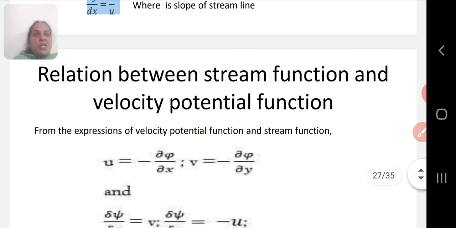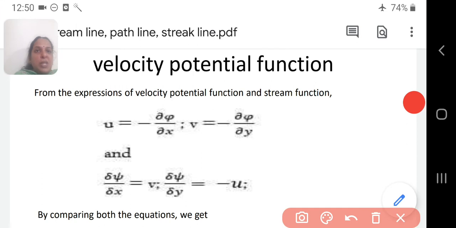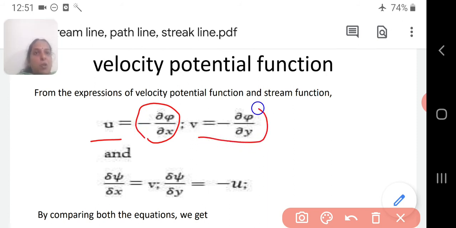So what is the relation that connects the stream function and the velocity potential function? We have already derived the velocity in terms of the stream function and the velocity in terms of the potential function. Here those two equations are given. The velocity u in terms of the velocity potential function is minus ∂φ/∂x, and v is minus ∂φ/∂y.